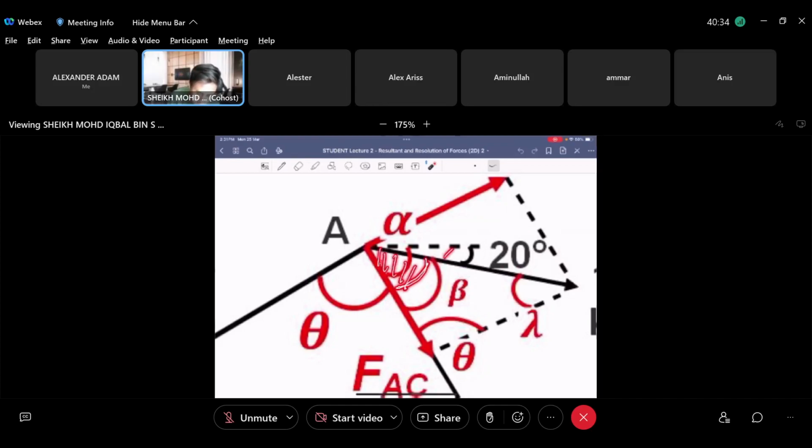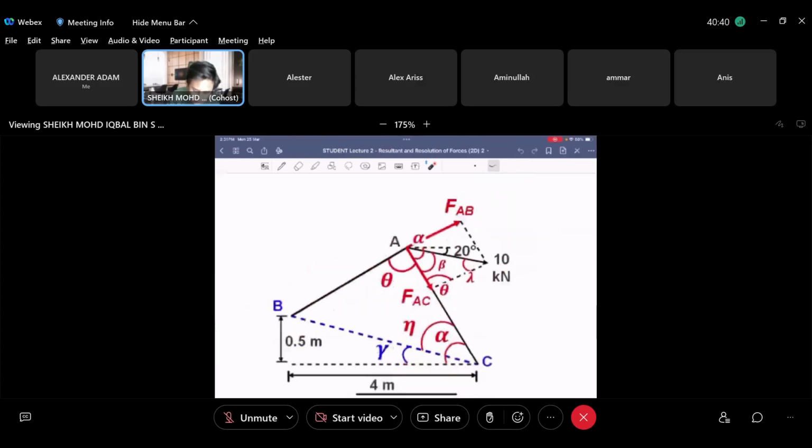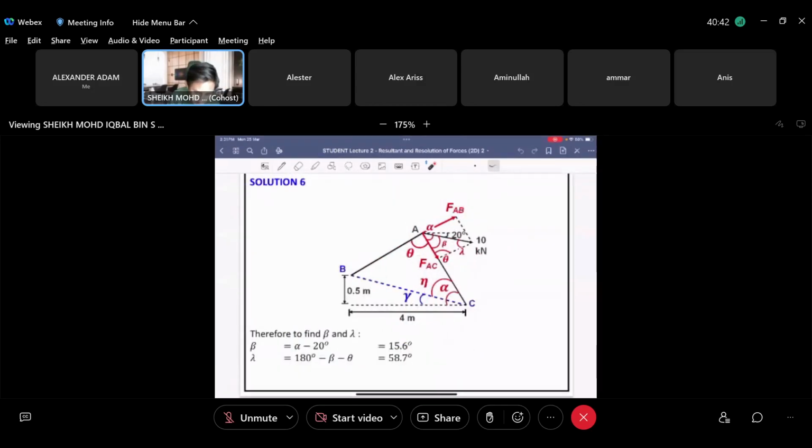So we need to subtract this one from the alpha to get the beta. So beta is equal to alpha minus 20 degree. Once you get that, you have beta here. And then theta here, if we've already calculated that, we're just transferring this one to this one, right? So we now have the angle for beta, we have the angle for theta.